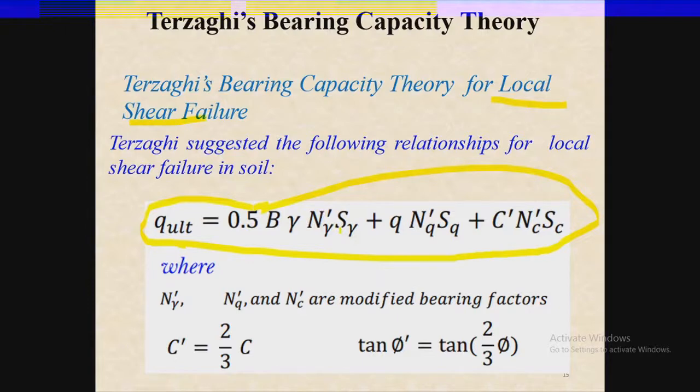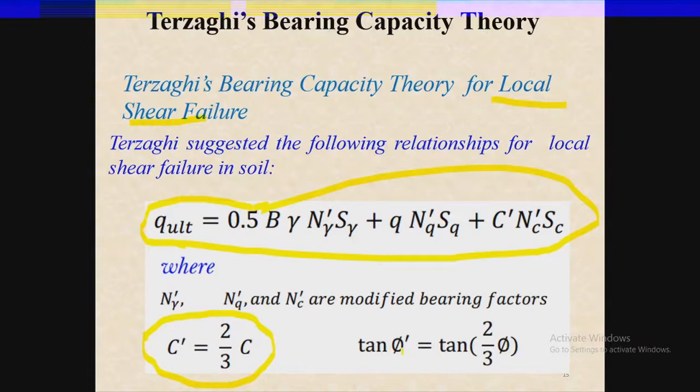Now, why this C prime and why this phi prime? Coming from general to local shear failure, you will use the effective cohesion of the soil, represented by C prime, which is equal to 2/3 of C. You will not use the original soil friction angle but a modified friction angle: tan phi prime is equal to 2/3 tan phi.